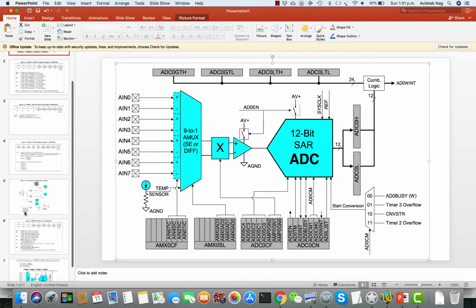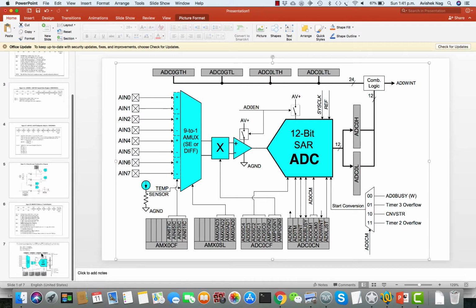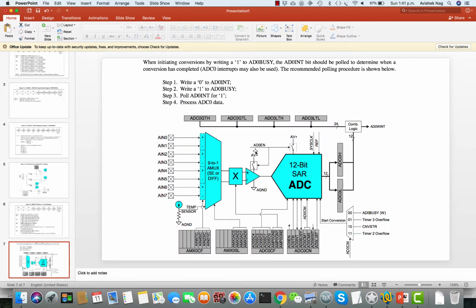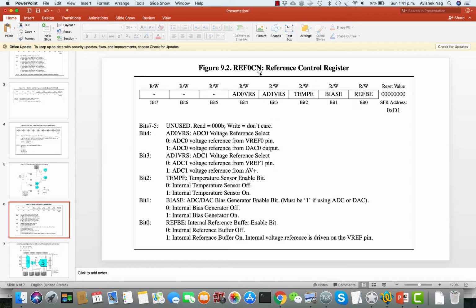Another important register you need to know and also need to configure for this lab is the register called REF0CN, which is the reference control register. In this register, let's ignore these parts.